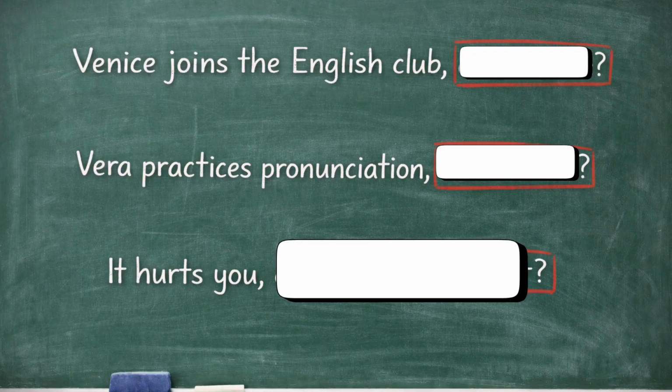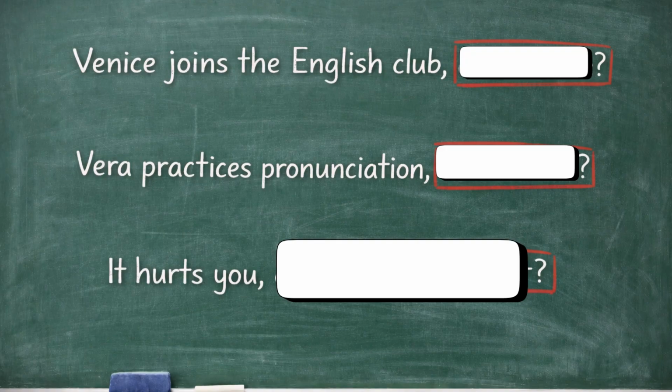Positive or negative? It's positive. So if the statement or the base sentence is expressed positively, the rule says the tag should be negative. If the tag is negative, what then is the appropriate tag question to be added to the statement, Venice joins the English club?